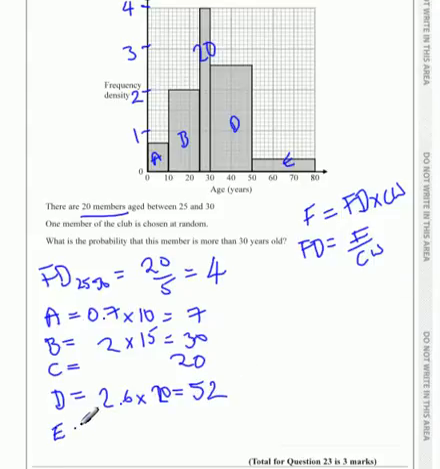And then for E, we've got a class width of 30 and a frequency density of 0.3. 0.3 times 10 would be 3, times that by 3 would give us 9 for that one. So the total frequency is all of these added up.